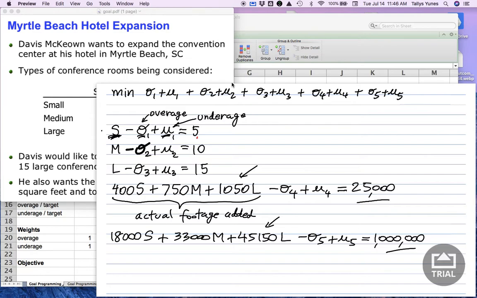Now, this looks like it would work, but there is a little problem here. In fact, it's a couple of problems. Well, if you think about what the S, M, L variables are, they're the room counts, which means the O and U of S, M, L are room counts. How many rooms are you under or over? The O and U of the area are in square feet.